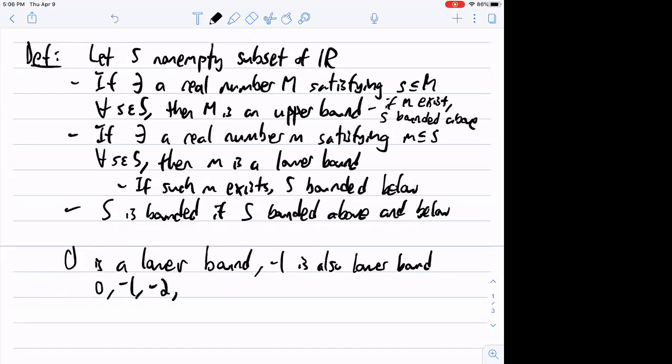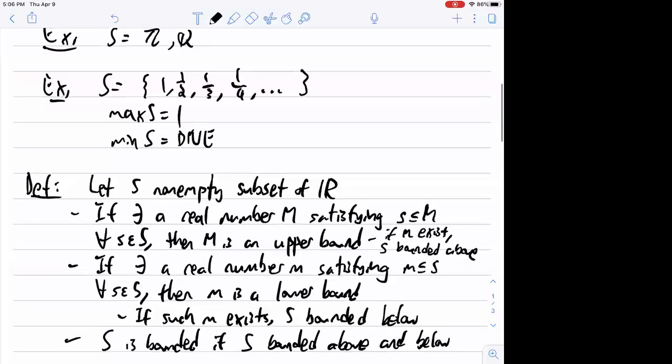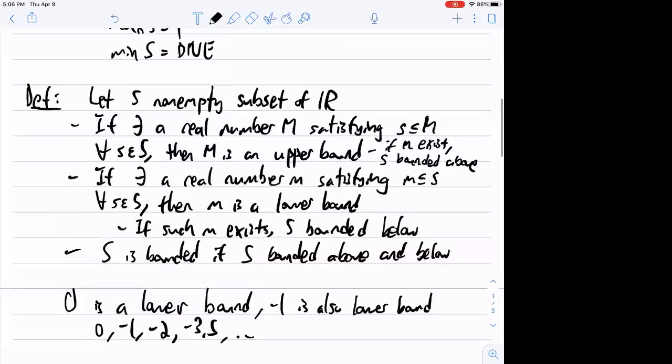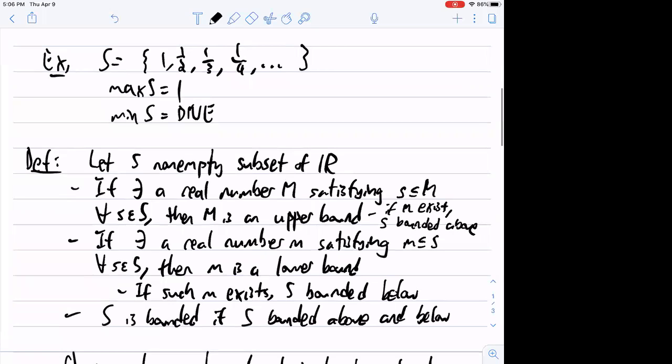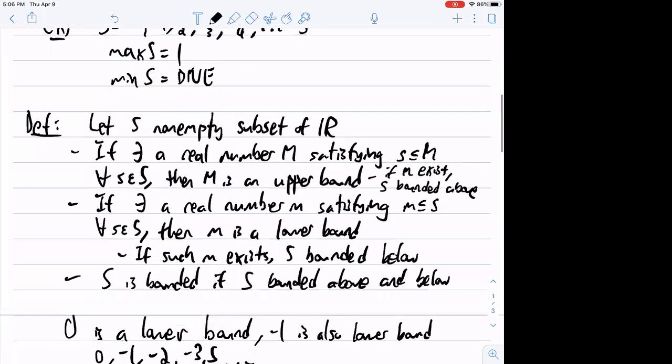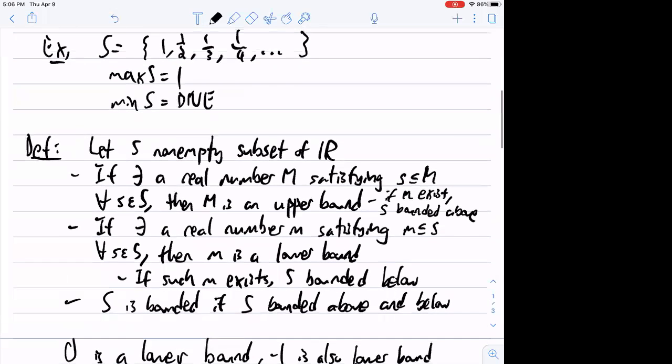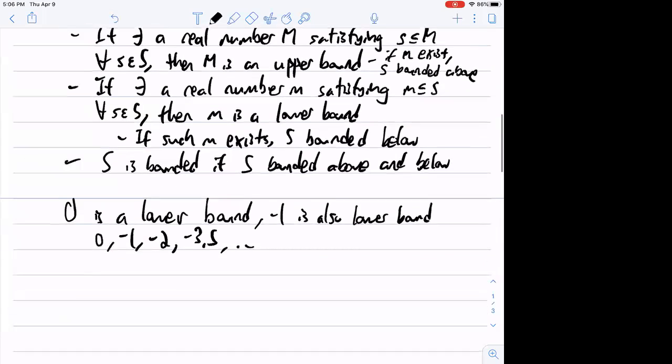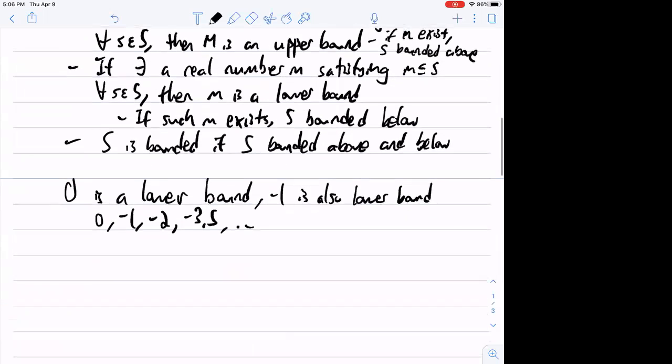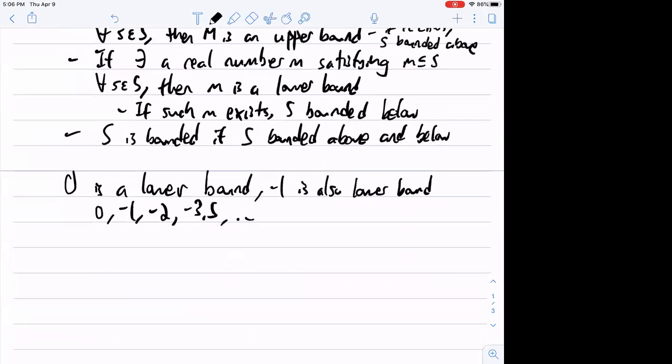You could pick your favorite number, -3.5, and so on. As long as you're smaller than every number in your set, you're a lower bound. But there's something special about 0: it's the biggest lower bound. So basically we're going to get into the notion of inf and sup.